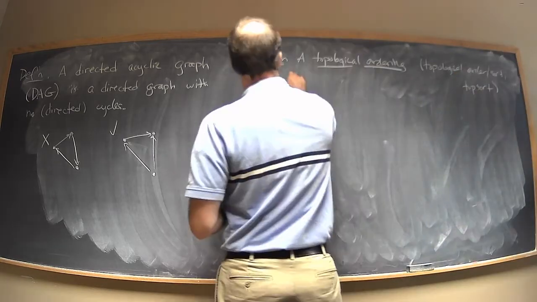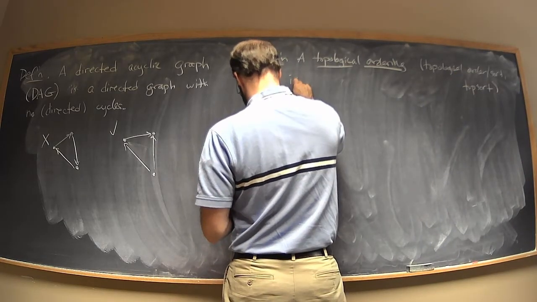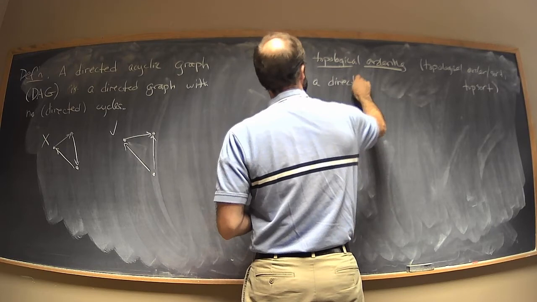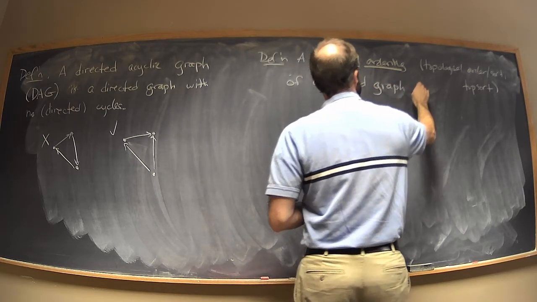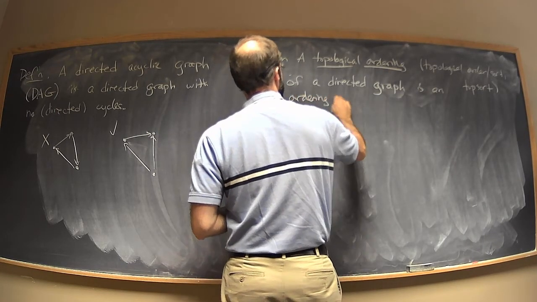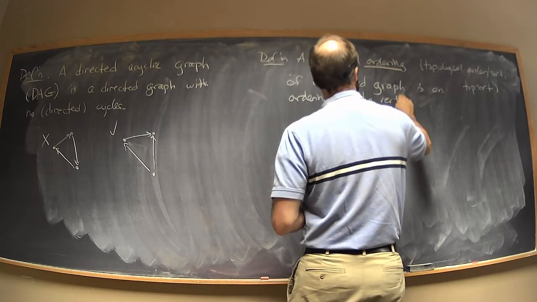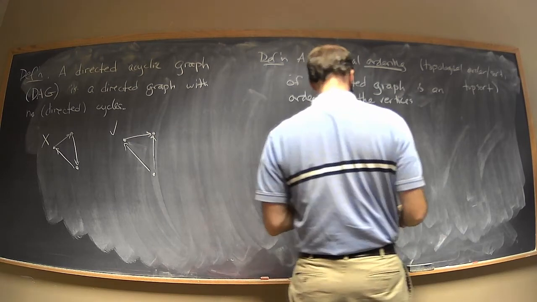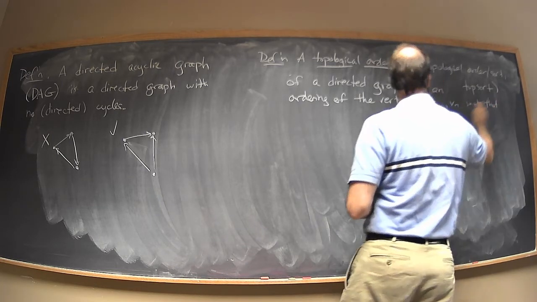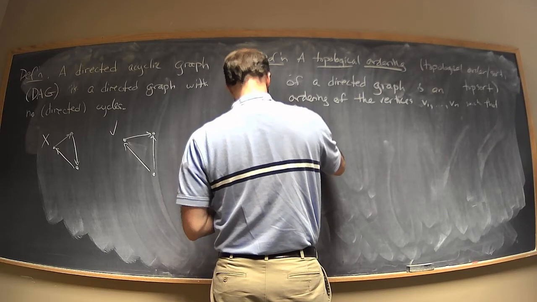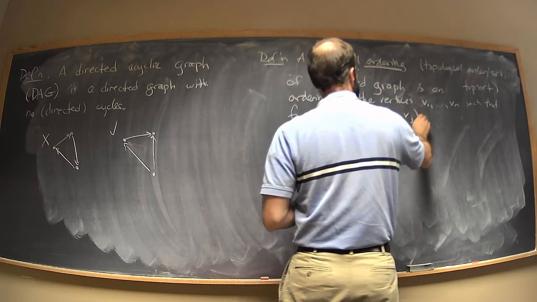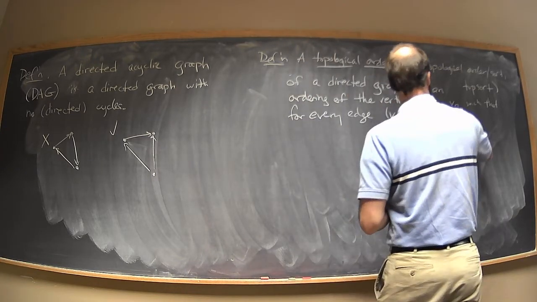So a topological ordering of a directed graph is an ordering of the vertices, we'll call it v1 dot dot dot vn, such that for every edge, if I have an edge (vi, vj) in my set of edges, i is less than j.